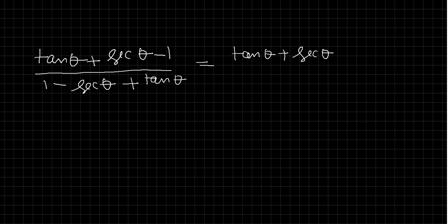The 1 can be written using the identity 1 plus tan square theta is equal to secant square theta. So the 1 becomes secant square theta minus tan square theta.